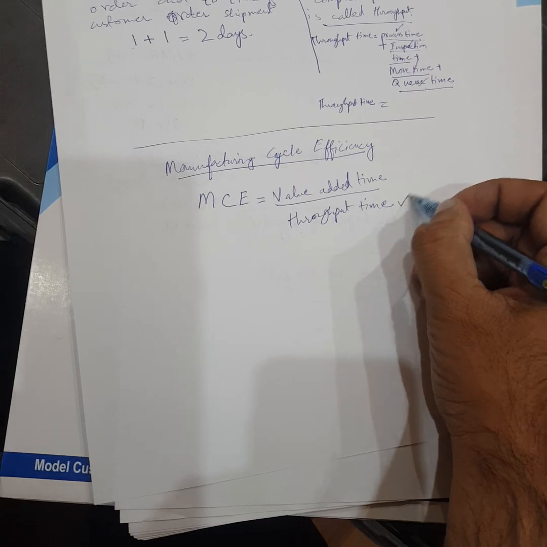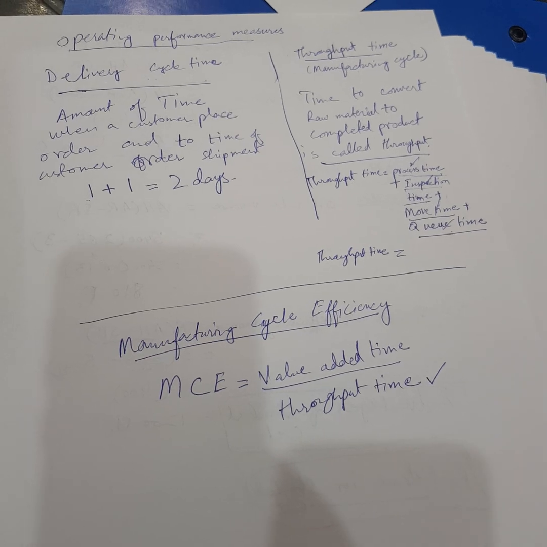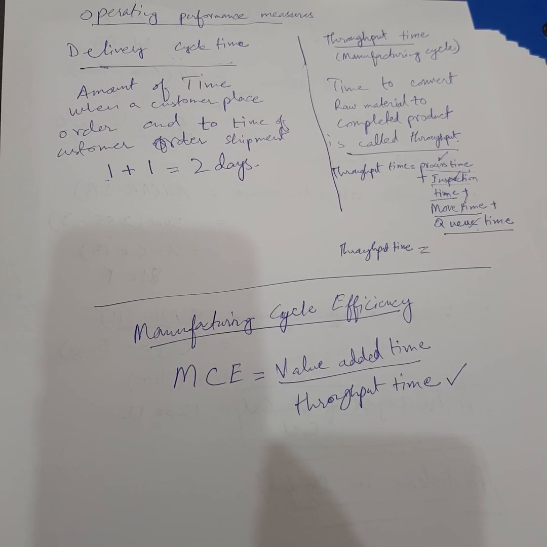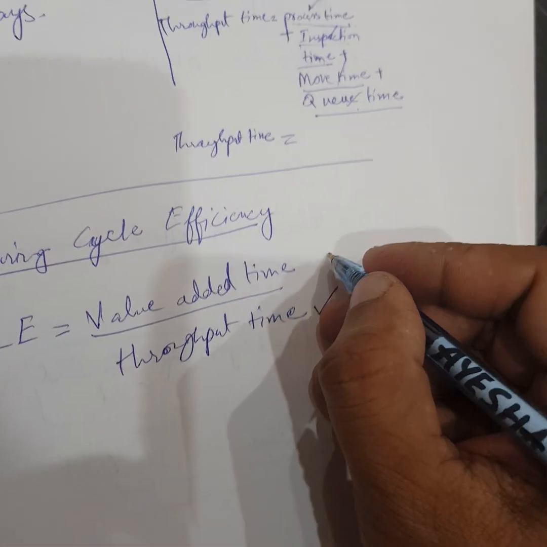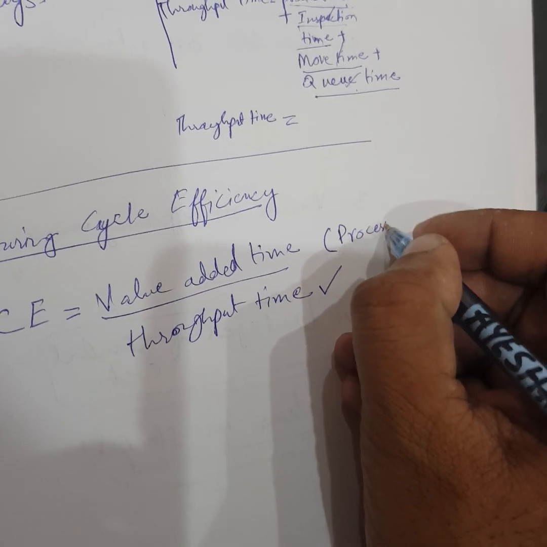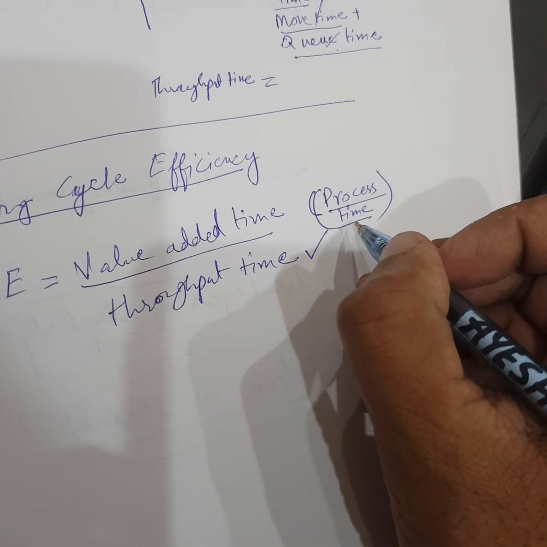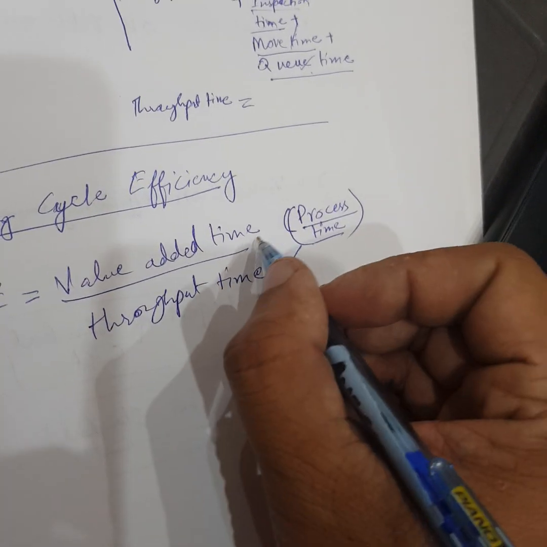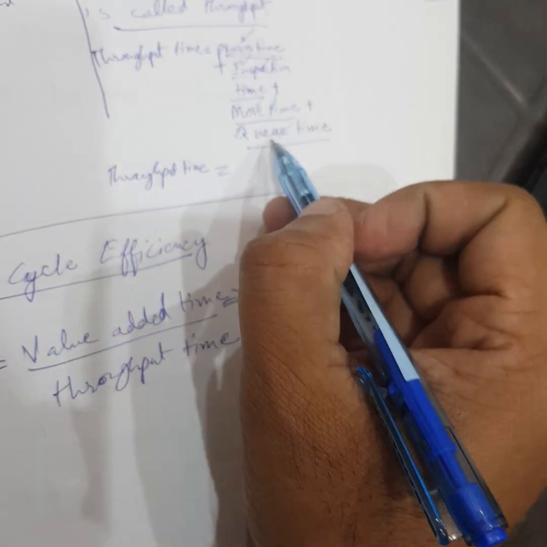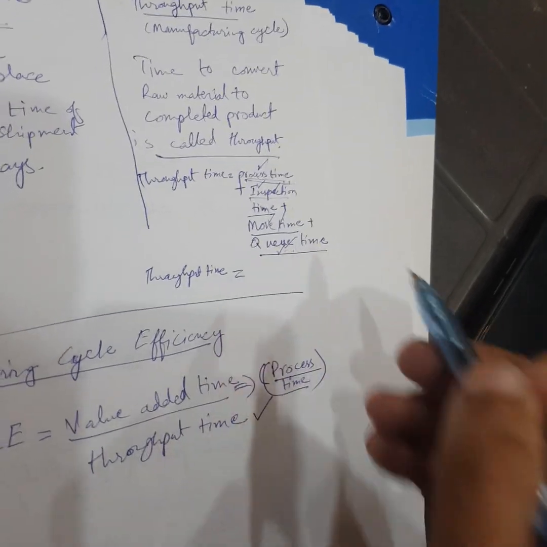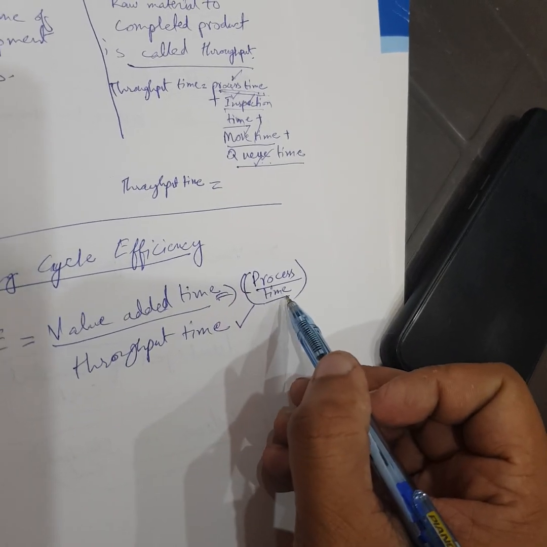As you all know the throughput time formula, what is the value added time? Value added time is process time, because in this time the raw material is converted into final product. Our product is completed, then its inspection is done, then it is moved, then it is delivered to customers. So the first time is our value added time, in which the raw material is converted into final product.